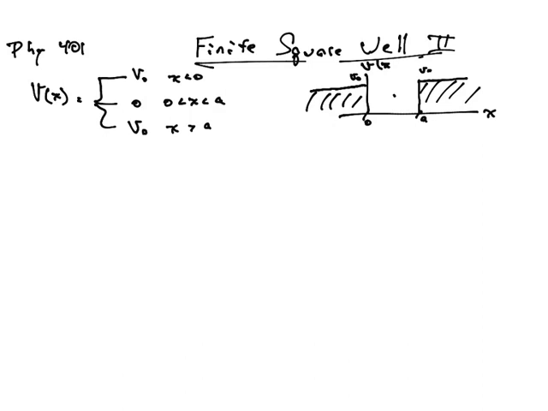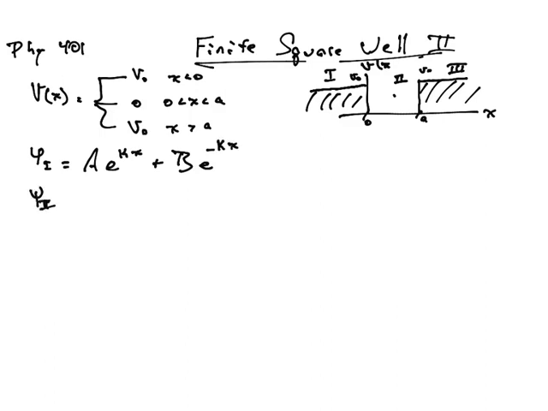So we did this: region 1 is here, region 2 is here, and region 3 is over here. And we found the wave functions. Psi in region 1, psi 1, is a e to the kappa x plus b e to the minus kappa x.